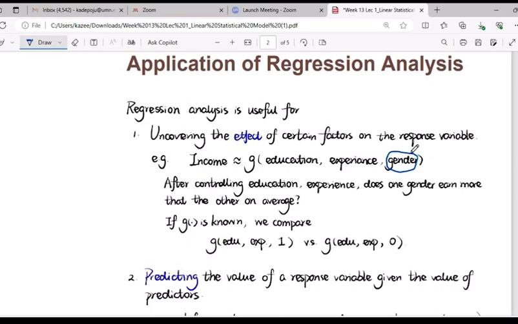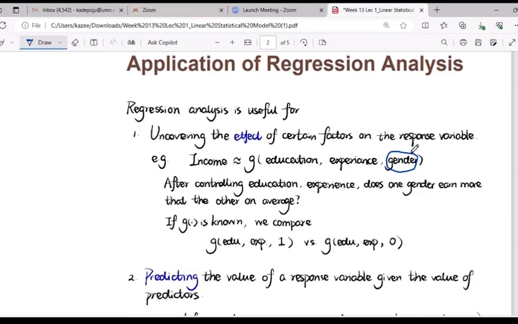But the reason why we cannot conclude on causation is that correlation does not imply causation, because the fact that a relationship exists does not mean one causes the other. If I look at the relationship between sales of ice cream and crime rates, and if a positive relationship exists between them, does that mean more sales of ice cream cause more crime?